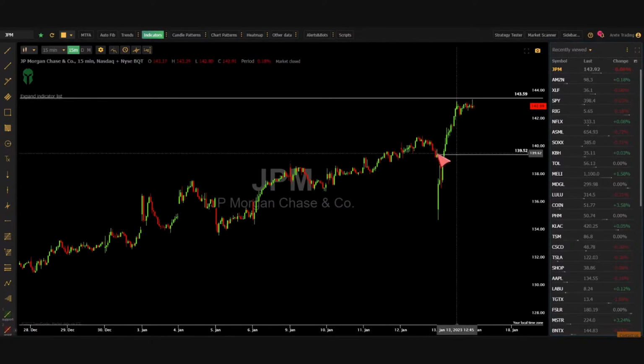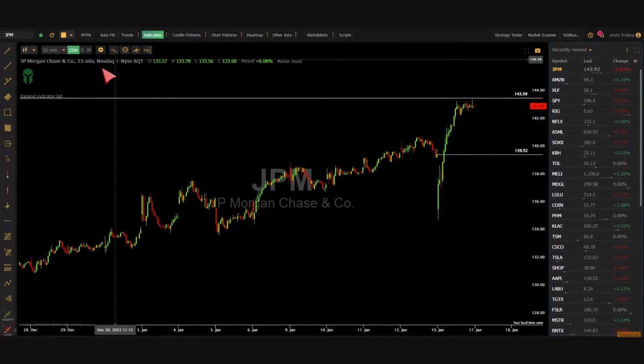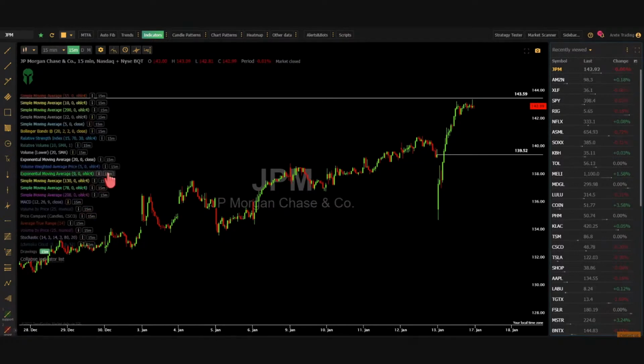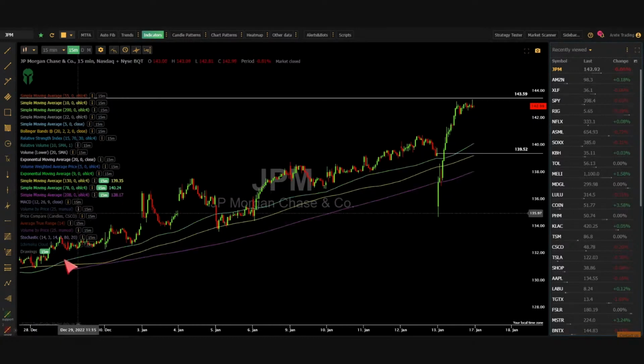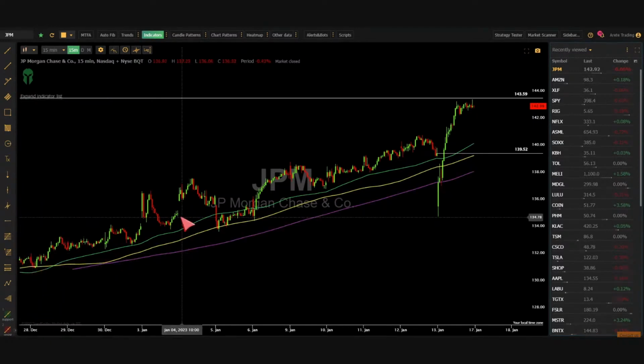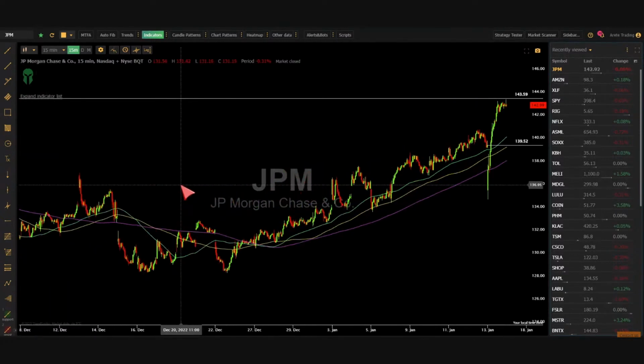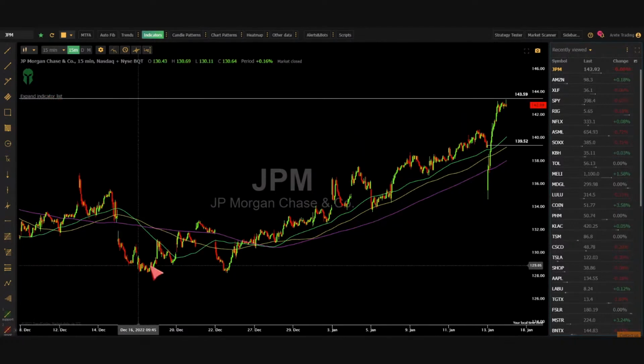Now, here's JP Morgan. Simple enough. Now, these were lines that we used in the past, and I still use to this day. And I just want to walk through them for the people that are newer here so that they understand these. So you have 3 lines here, okay? The green line is going to be your fast one.